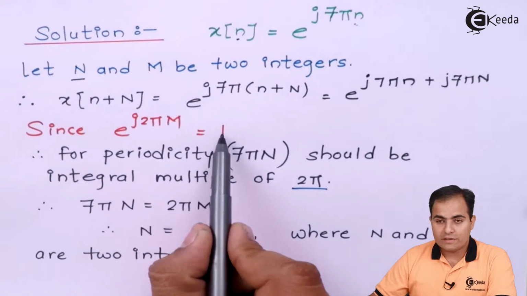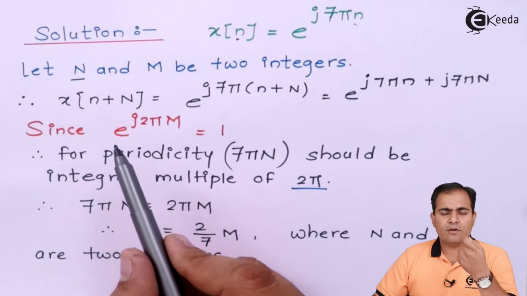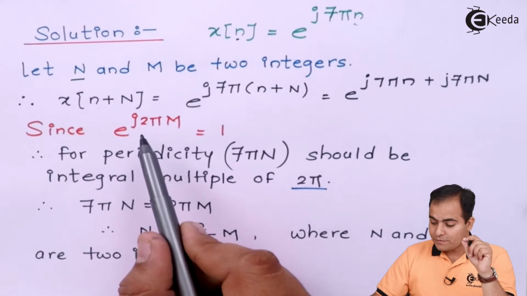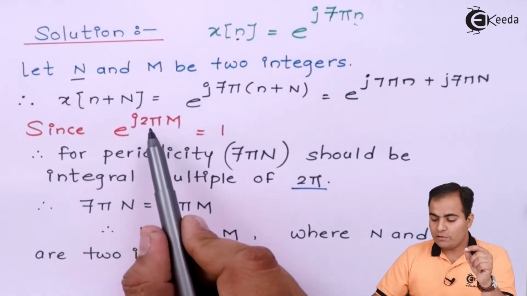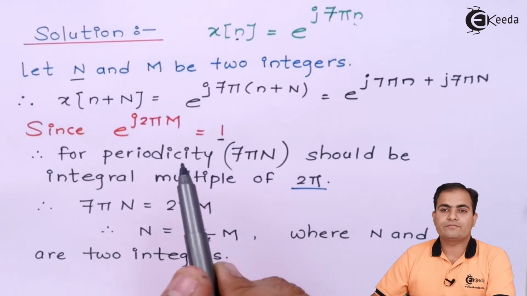Then you will get 1. We know that the exponential function can be represented in complex form, cos theta plus j sin theta. If I substitute 2 pi, then cos is 1, but sin n pi is always 0. That's why I have written 1.